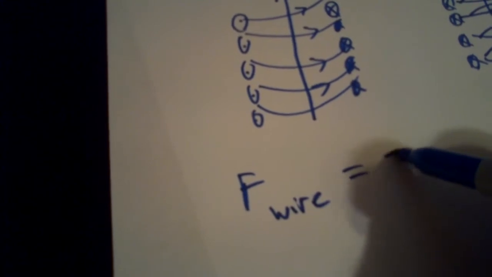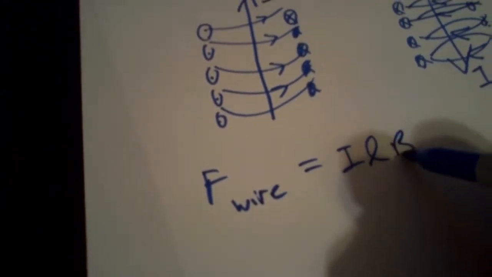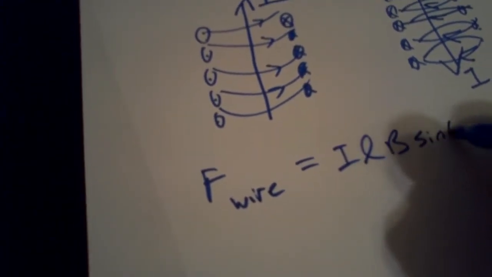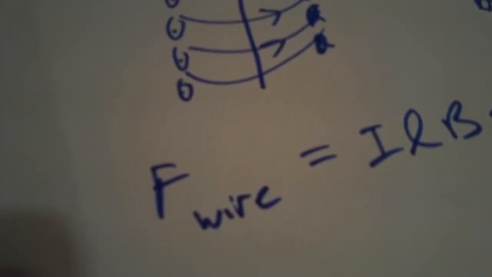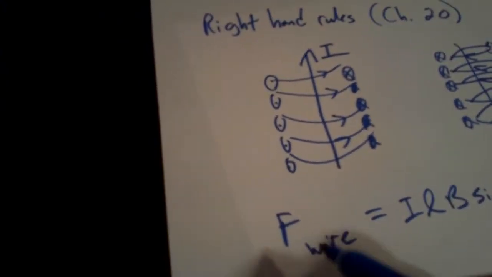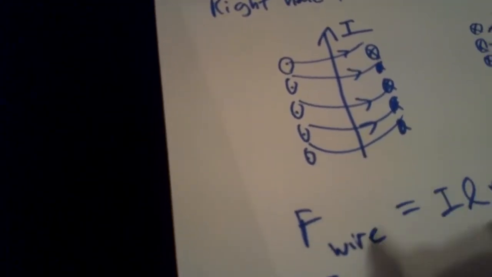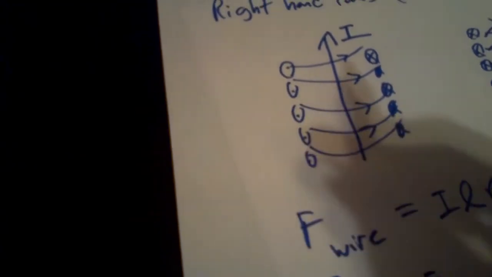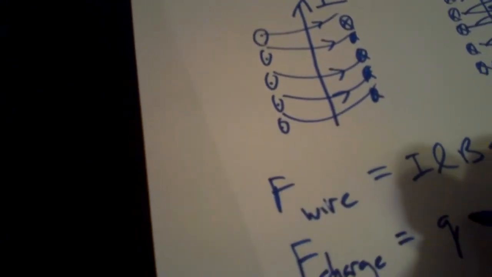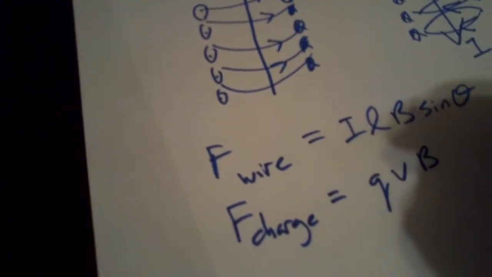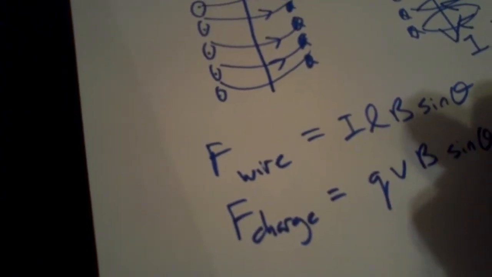So the formula is I L B sine of theta, where theta is the angle between the wire carrying the current and the magnetic field. The second one is similar, but it's for a charge traveling with a velocity v. So it's the charge, q v B sine of theta.